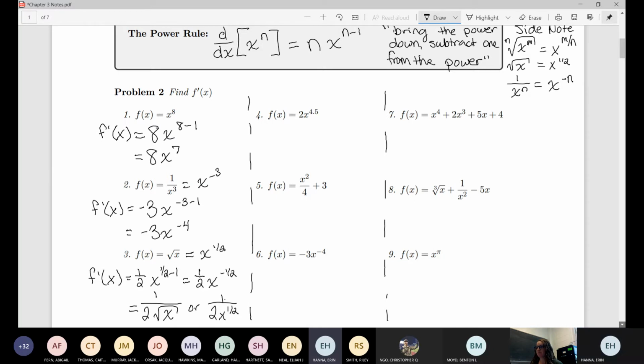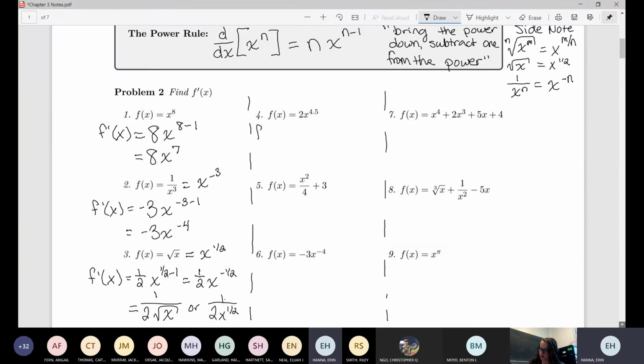All right. Next one. Now we have not just x to a power, but we have this constant out front.